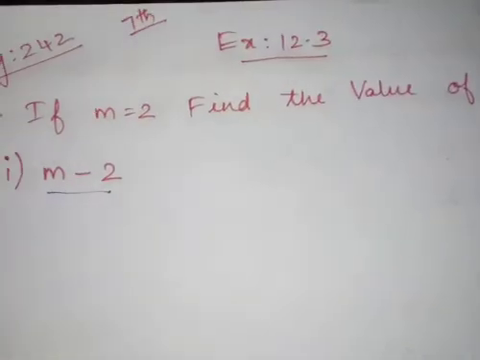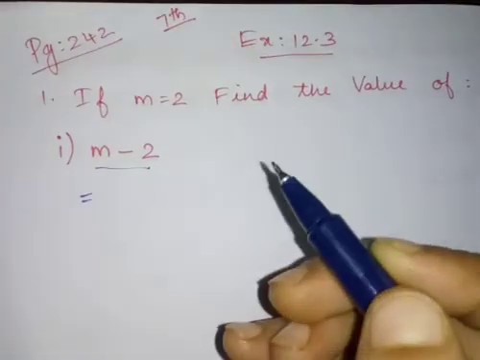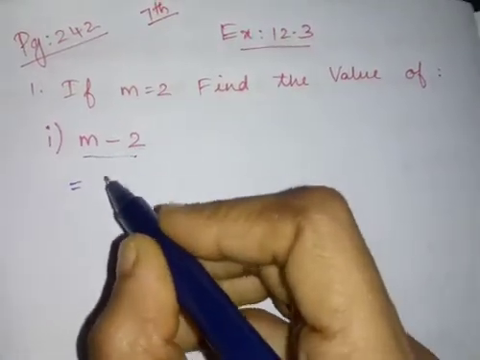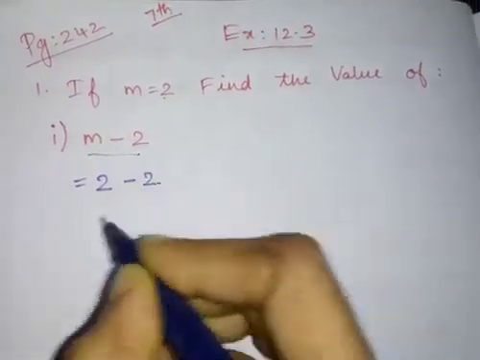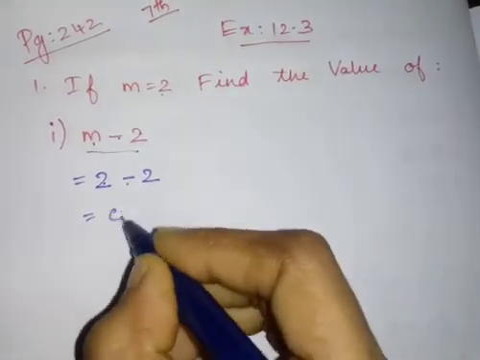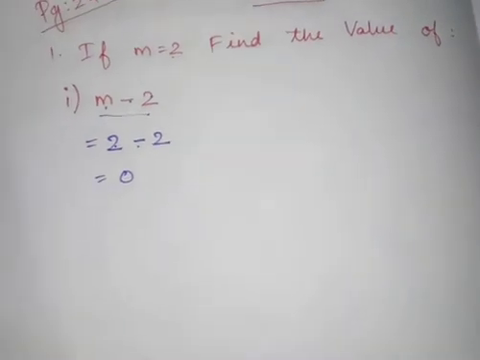So what should we do? We should substitute the value of m and find the value of this expression. So m minus 2 will become, m value is 2, correct? 2 minus 2, which is 0. So the m minus 2 value is nothing but 0.